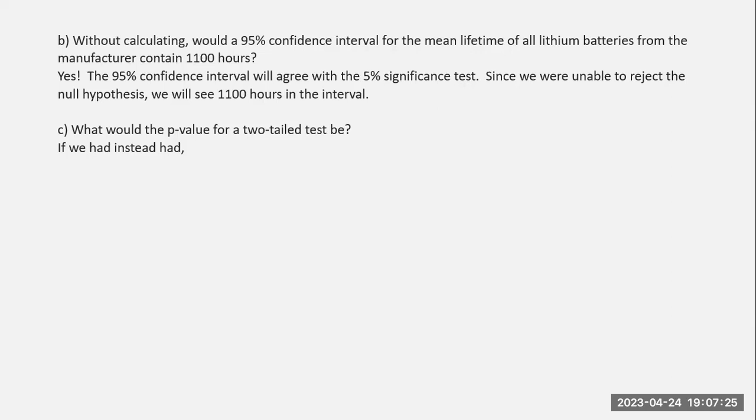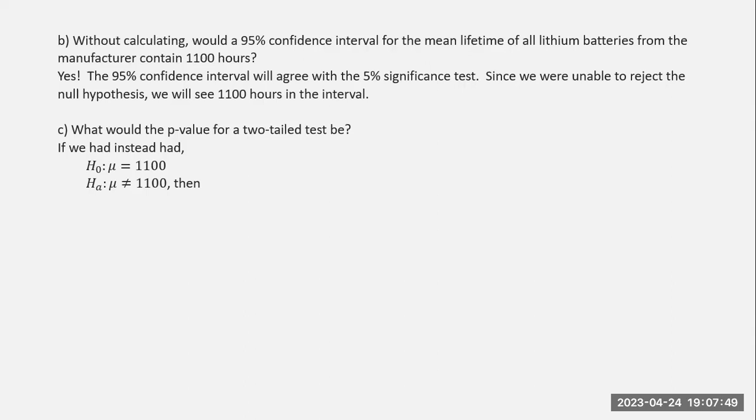How would the p-value vary if we had just done a two-tailed test? So if that had been our alternative instead, how would it vary? It was like 0.11, right?